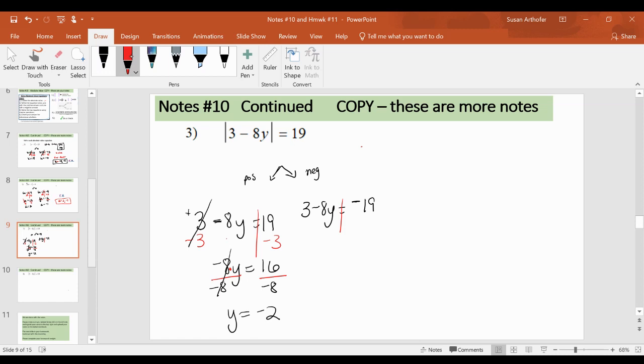Same thing on the other side. This is positive 3, so we're going to subtract 3 on both sides. Make sure you bring down negative 8. And 19 negatives and 3 more negatives is 22 negatives. To undo that multiply, you divide on both sides by negative 8.